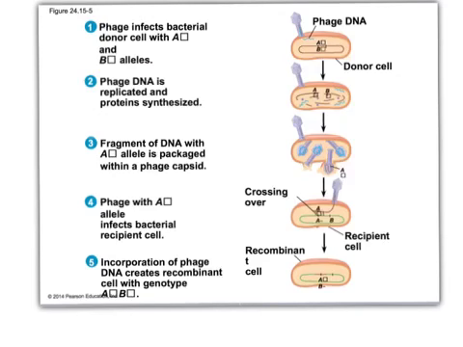Okay? Phage DNA incorporates in the donor cell. You can see they're using A and B as showing where these genes are. All right? The phage DNA is replicated. You know this cycle. This is just the lytic cycle. Okay? But the difference is that a piece of the bacterial DNA is there in step 3. Okay?